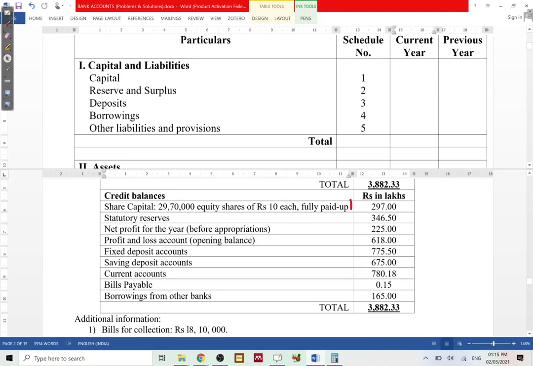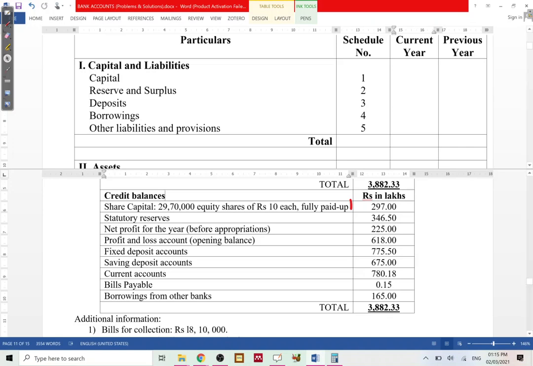Okay, so schedule 1, statutory reserves, these are balances of all the reserves. Just like how in the problem of profit and loss account, we used to calculate how much of the profits will be transferred to the statutory reserve, isn't it? Now over here in the balance sheet, we will be given the balances of all the statutory reserve transfers that have been done over the years, like how much statutory reserve we have.